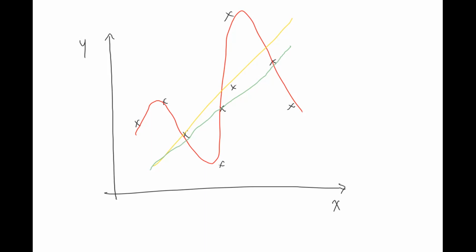So if we were thinking about a strictly linear system, would the yellow line be better or would the green line be better, assuming these are both just straight lines? What do you think? Green. Why? It seems to better fit the observations. What does that mean, better fit? So this X is on the plot right there, the dots.